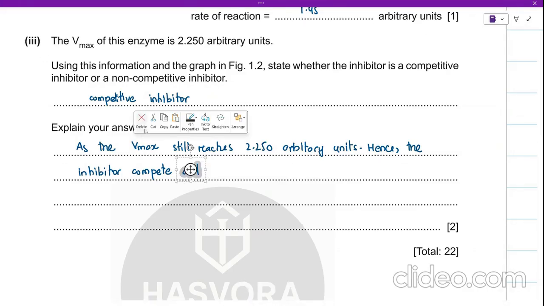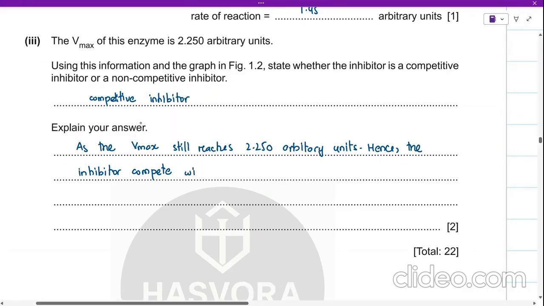Let me just remove this. Competes with the active site and binds with it.